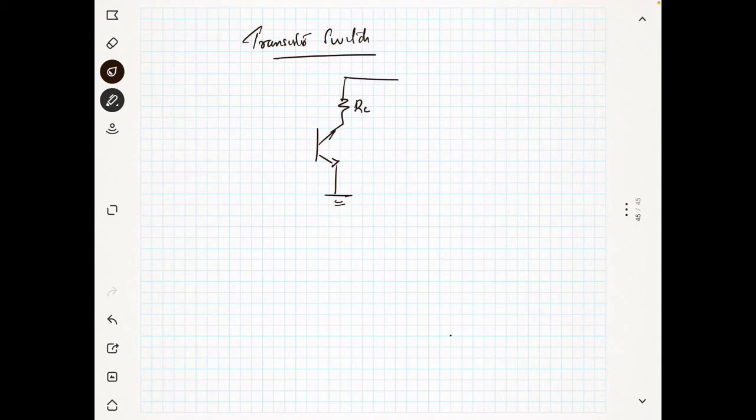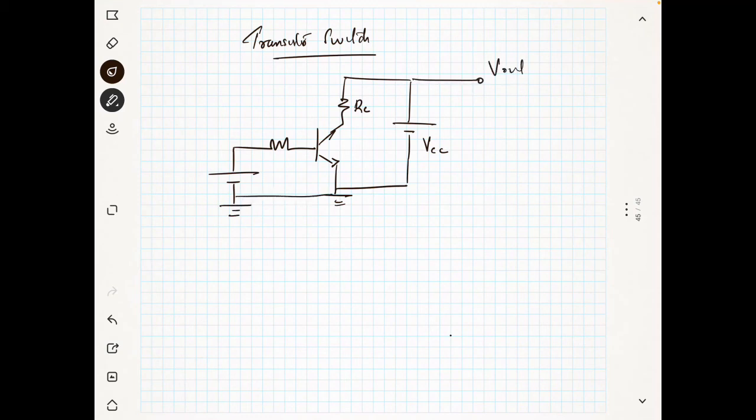For example, here you have a transistor with RC, and this is your VCC, and this is your VBB. Now you take the output from here, this is V out.